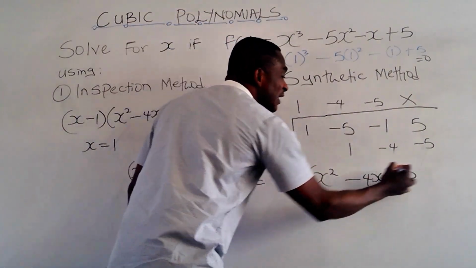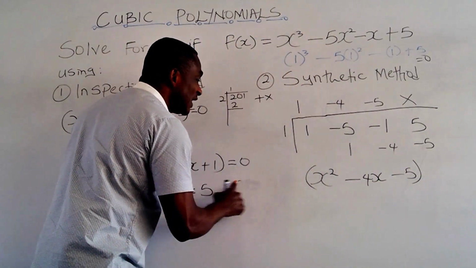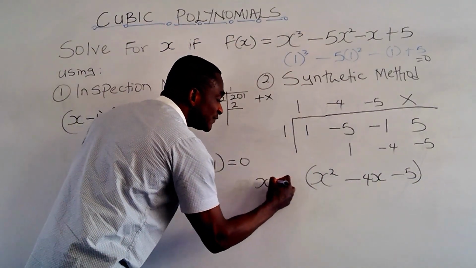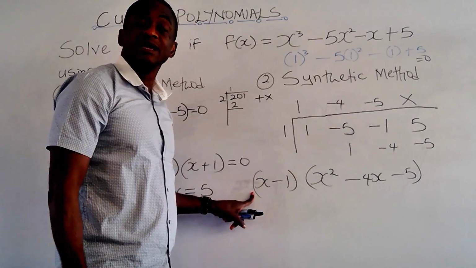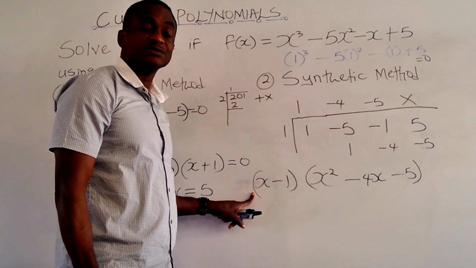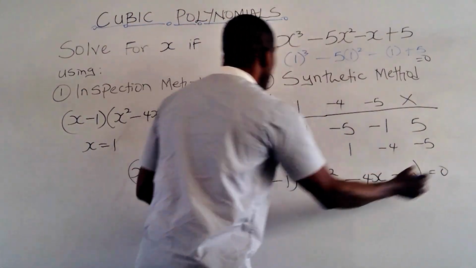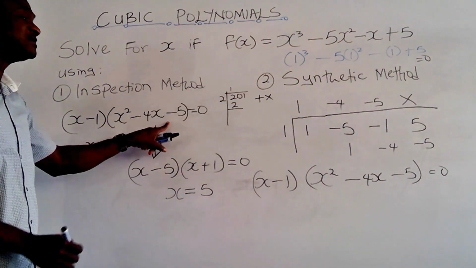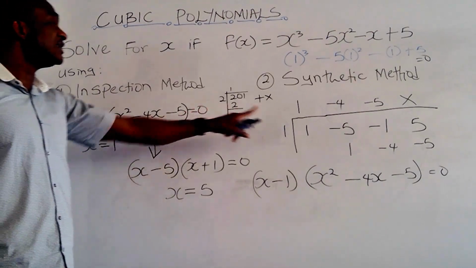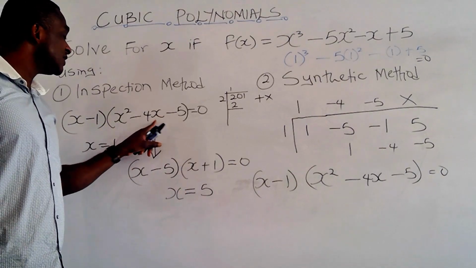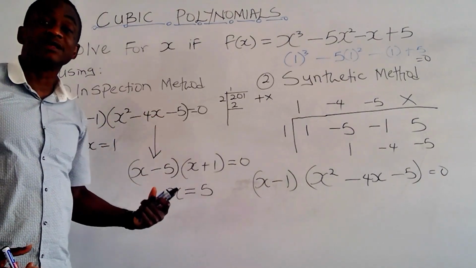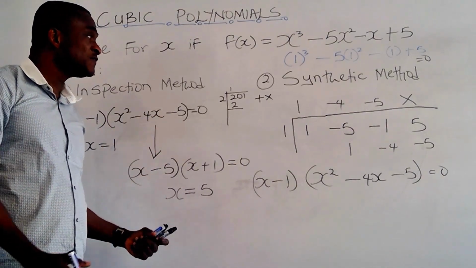So this is the parabolic function, where we have used the factor to generate the linear function. If you look at this, you will see that we have arrived at the same thing as before. So you can either use the synthetic method to go through and arrive at the same thing, then factorize or use the quadratic formula to get your final answer.